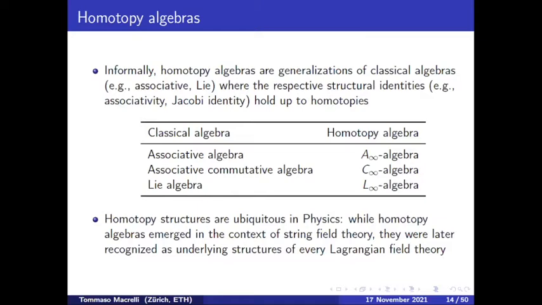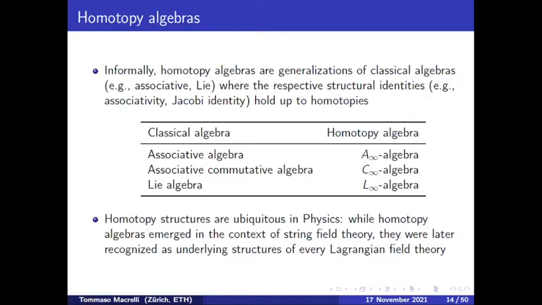And in this way, we can generalize the associative algebras, commutative algebras, Lie algebras to their homotopy algebra counterparts, A-infinity, C-infinity, and L-infinity algebras. These structures appear in various places in theoretical physics. For example, the algebraic structure of classical closed string field theory is an L-infinity algebra.